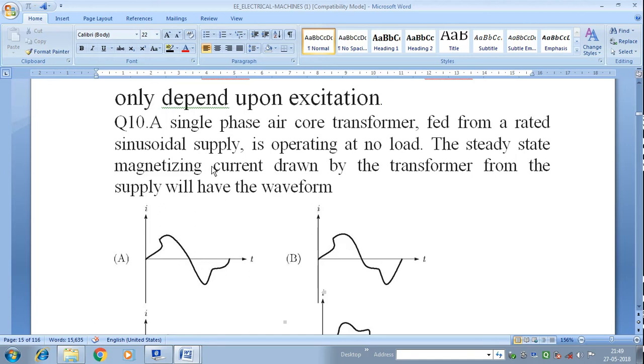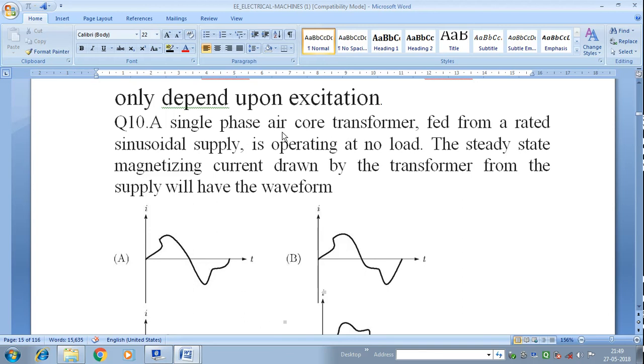The main key point is that this is an air core transformer. This is the key point that you should understand. Air core transformer means air medium, that is also a magnetic medium, but it has very high reluctance to the flow of flux.